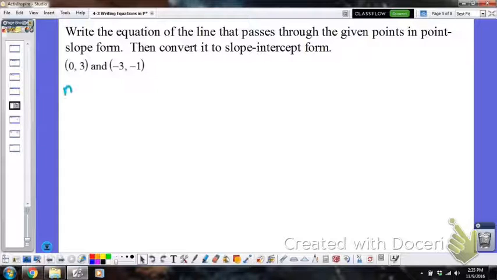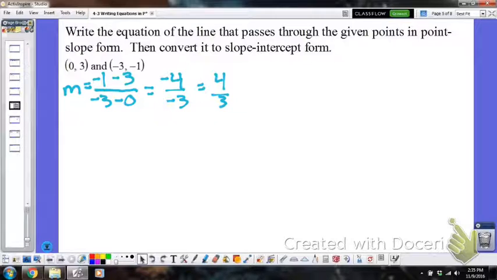So my slope m is going to be equal to y2, in this case -1, minus y1, which will be 3, over -3 minus 0. -1 minus 3 is -4. -3 minus 0 is -3. So I get -4 over -3, which is the same thing as 4 over 3. So that is my slope.